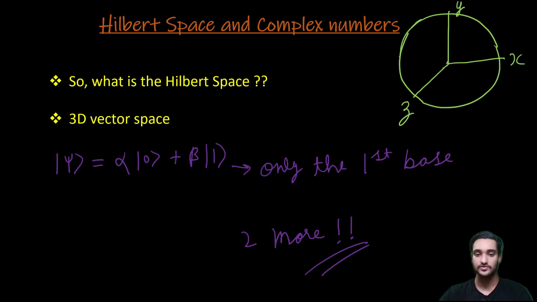That is quite possible. As I told you, this is a generic form of a quantum state that has both alpha and beta, which are the probabilities of ket 0 and ket 1. This is just one basis in this Hilbert space. Actually there are two more kinds of bases in this Hilbert space that I'll be talking about in later videos.